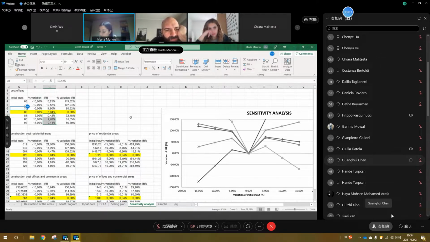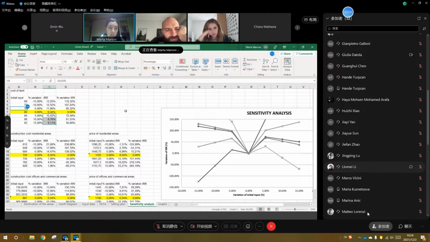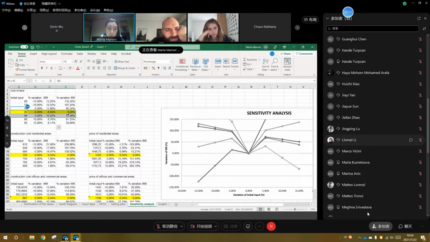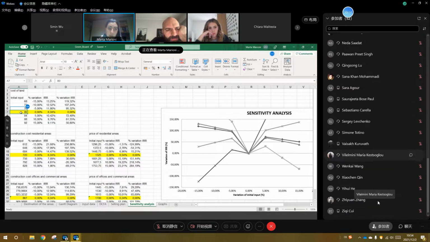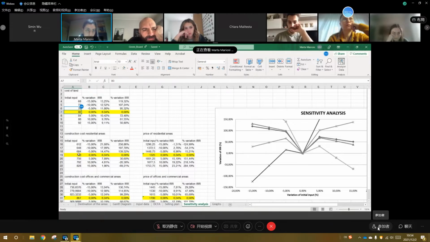So for now we just changed the yellow elements: the initial input of the cost of land, the cost of residential, etc. And for the ERR, we only changed this one.